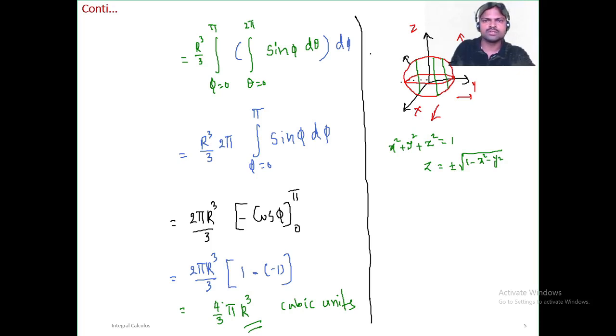This one is z is equal to plus square root over 1 minus x square minus y square. Why? Because in the upper portion z is positive. In the lower portion z is negative, right?